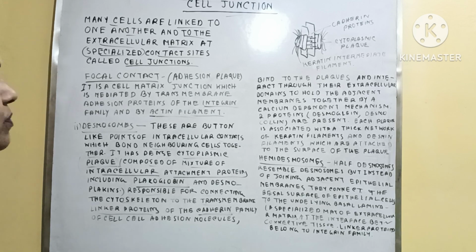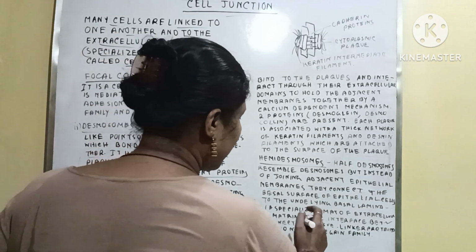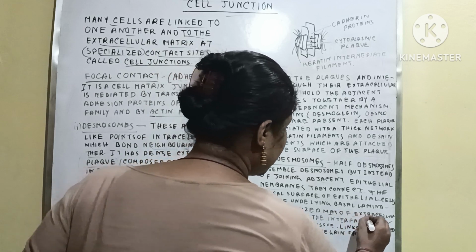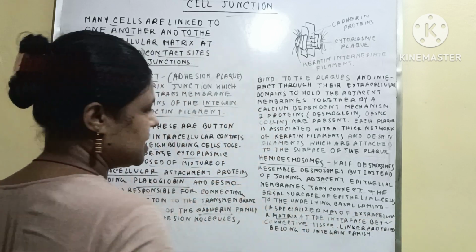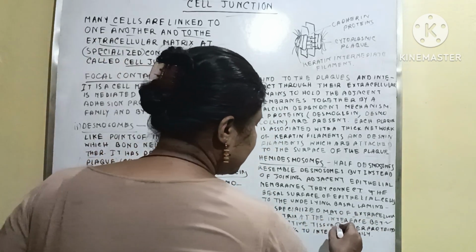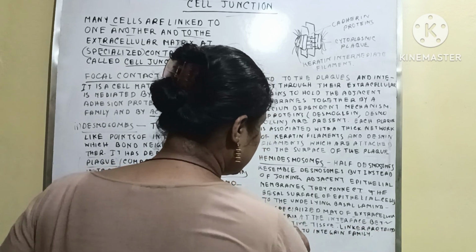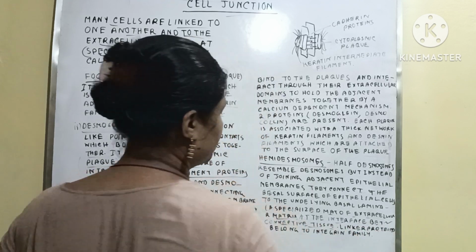And what kind of structure is this basal lamina? This is a specialized mat of the extracellular matrix, and this is present at the interface with the connective tissues. Clear?